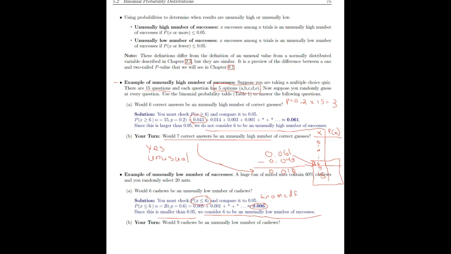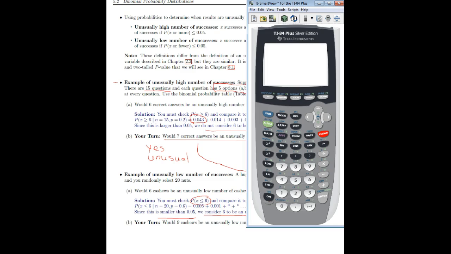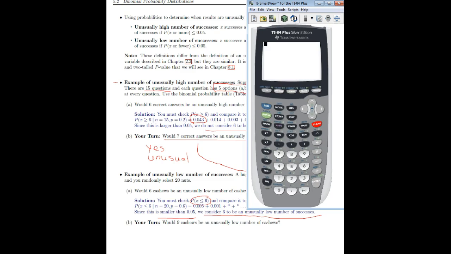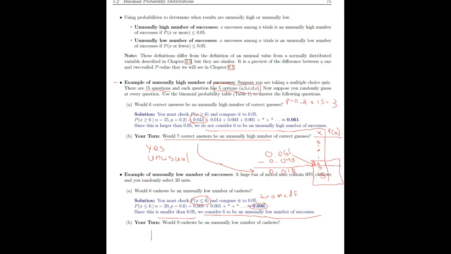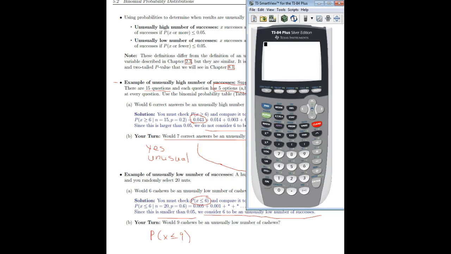All right, you can pause the video and try this one, and when you replay, you'll see my work, or you can just let it go and keep following along. Would 9 cashews be an unusually low number of cashews? I'm going to use my binom CDF function again because I'm doing unusually low. I'm trying to find whether the probability of x being less than or equal to 9 is smaller or bigger than 0.05.